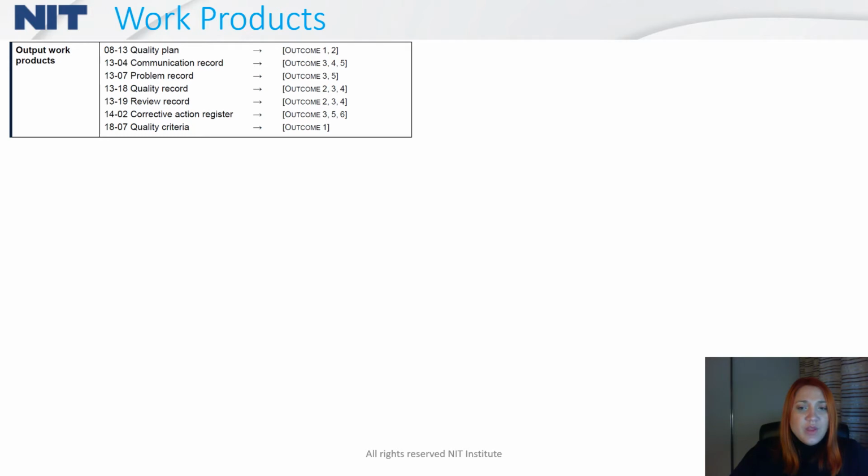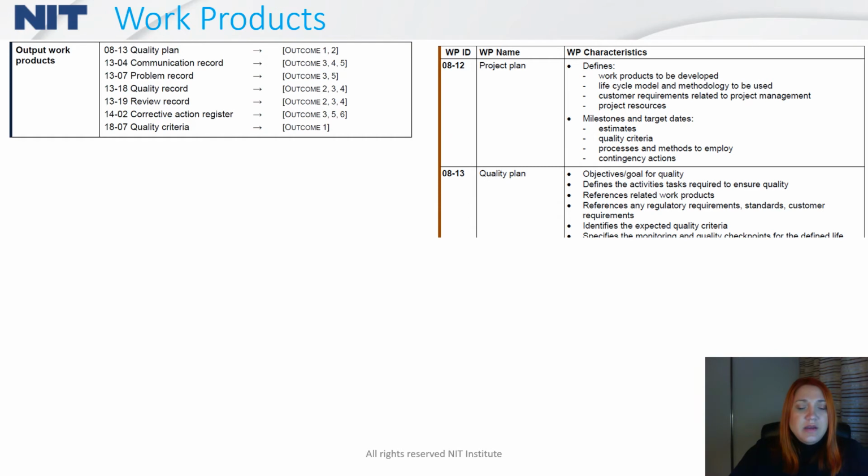Basically, work product characteristics are sets of characteristics that would be expected to be evident in work products of generic types as a result of achieving an attribute. In Annex B of Automotive SPICE, you have the list of all work products which are mentioned throughout Automotive SPICE.